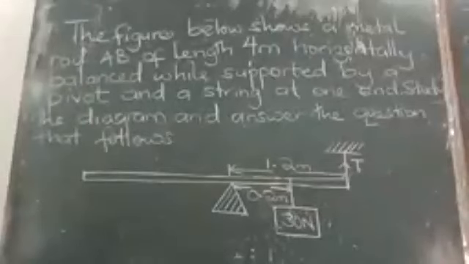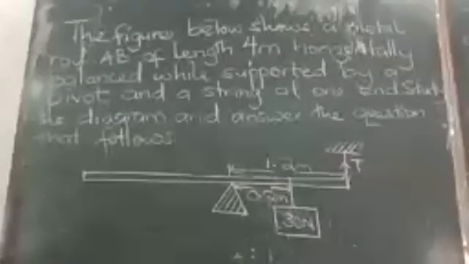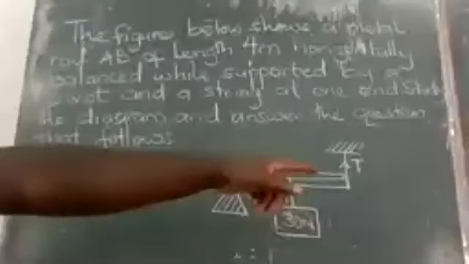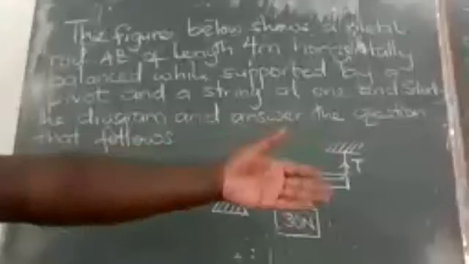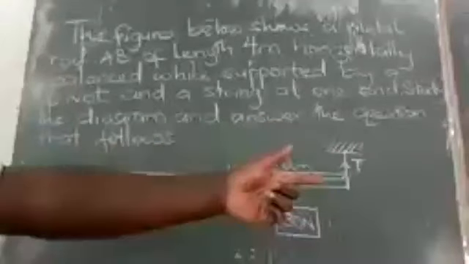Please, people who are making noise, may we have some silence and respond to the question? In this question, we use the first condition to get T, so we already have the tension. You already have the tension using the second condition, sum of the clockwise moments is equal to sum of the anti-clockwise moments.